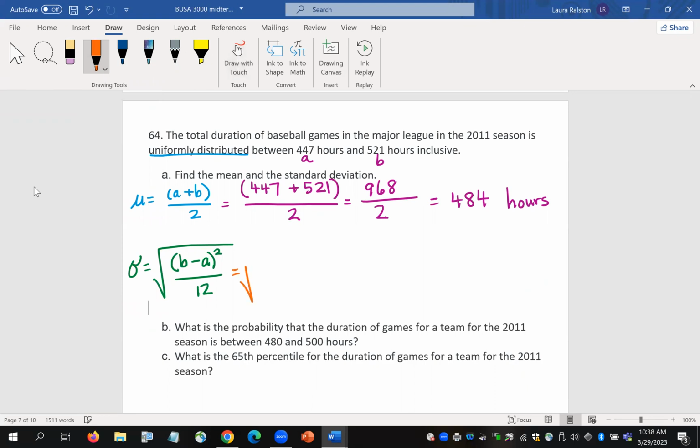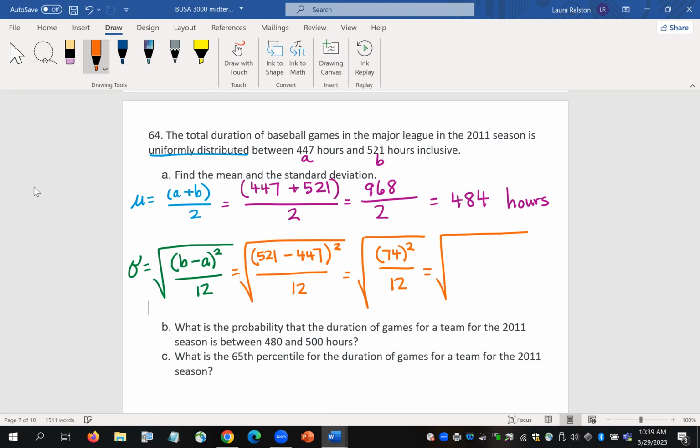So I have the square root of 521 minus 447, squared, divided by 12. So I have 521 minus 447, which is 74. I then am going to square the 74 following order of operations. That gives me 5,476 divided by 12.